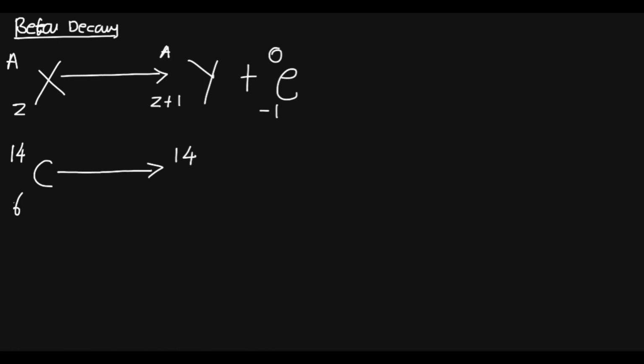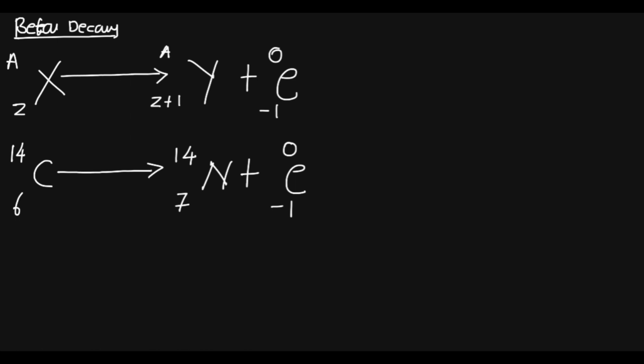Then for the atomic number, it is 7. Then if we look at the periodic table, the element with the atomic number of 7 is nitrogen, plus, then we put our beta 0, then minus 1. Now what this simply means is the parent atom here is carbon, then our daughter atom here is nitrogen, since it was the one that was formed during the transmutation.